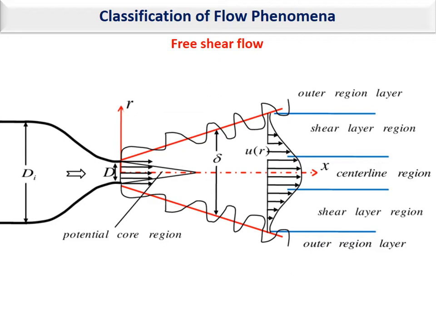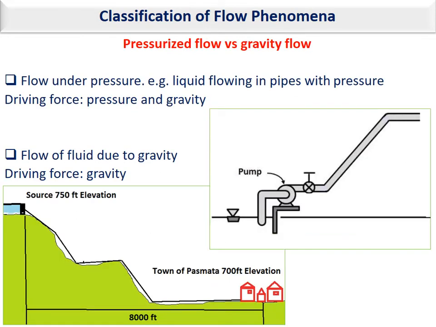Actually, you cannot define this flow as either internal or external flow because there are no boundaries. This type of flow is called free shear flow, and it has a lot of applications in fluid mechanics and also in heat transfer, but it's outside the scope of this course, and if you are interested, I refer you to more advanced books on fluid mechanics, or you may search it on the internet.